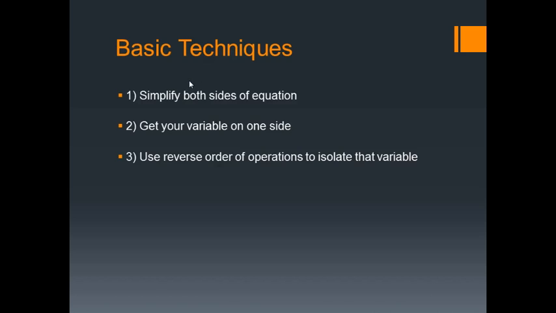If you're multiplying by 2 and then adding 3, you're going to subtract the 3, then divide by 2. You reversed your order of operations. And that isolates your variable, and that works even if there are lots of variables in there and you're just trying to get one by itself. Same techniques work, you just have to pay attention to what you're doing. Keep your paper neat, keep your equal signs lined up so that way you can easily tell what's going on, and that'll be that.